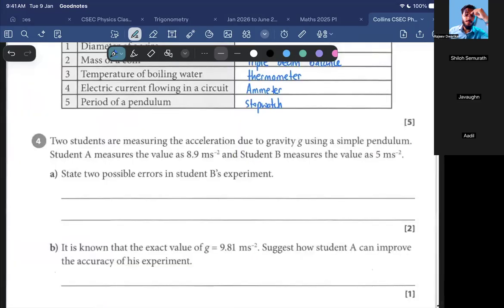Right. So anyways, state two possible errors in student B's experiment. What are some errors they could make? So you're dealing with a stopwatch. Timing.